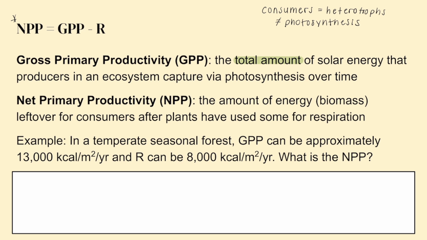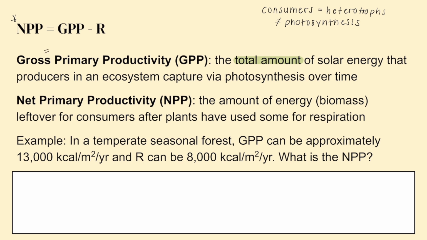So although they make these molecules of glucose, and they use these molecules of glucose, they also make a lot of excess. So that excess is the energy that can then support the remaining consumers in that ecosystem. So a way to think about gross and net primary productivity is GPP is kind of similar to the total amount of money that your employer would pay you.